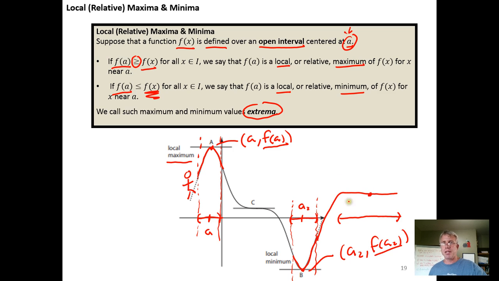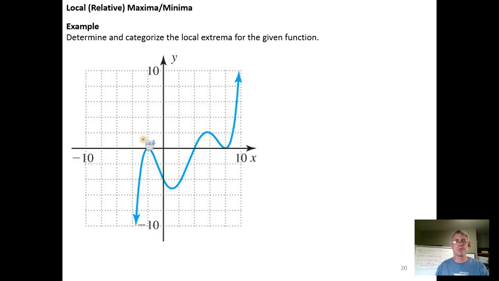So this is a kind of a special case. In the homework, don't expect me to ask you to have to deal with a constant. I'll always give you something that's really clear cut in terms of where the max and the min values are on that function. So let's take a look at a couple examples.